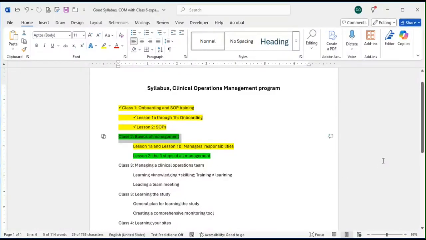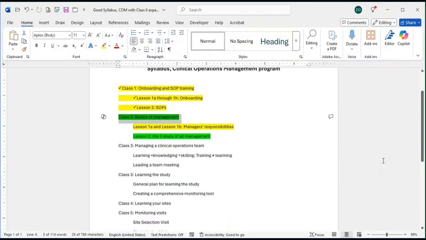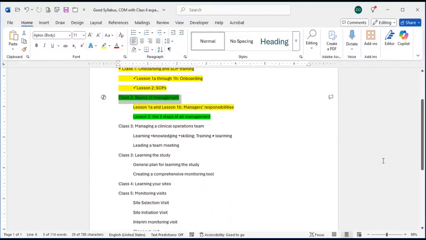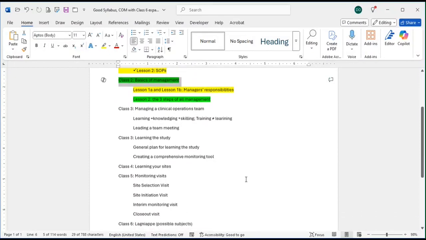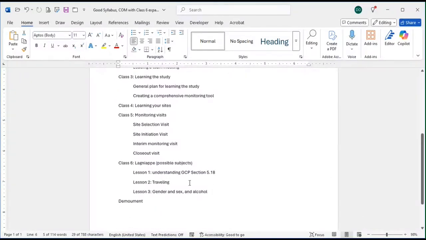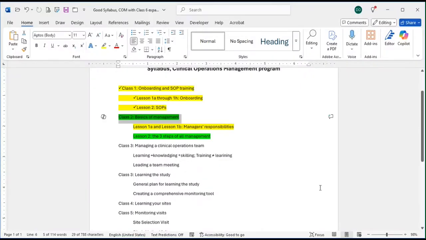Just to give you a heads up, these are the classes that I expect to be doing in the future. Class 3 will be managing a clinops team, and we're going to be learning the study, learning your sites, monitoring visits, and then lagniappe.